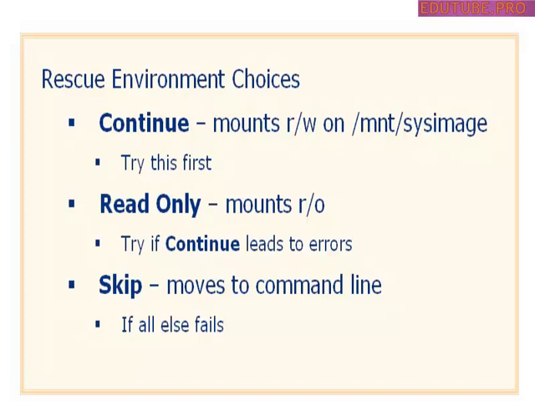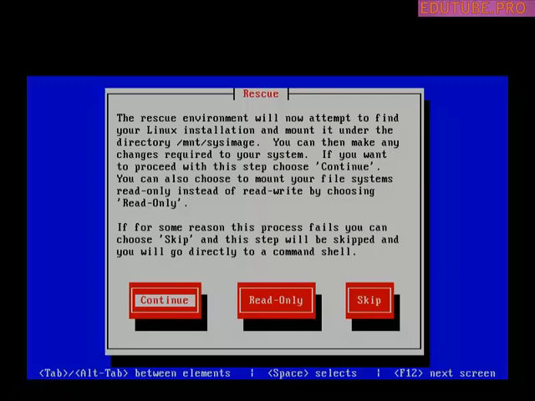That mounts those directories in read-only mode, again on /mnt/sysimage subdirectories. If that doesn't work, go back into rescue mode and select the skip option when you see this line. That doesn't mount any directories and gets you directly to a command line where you can start analyzing your system.